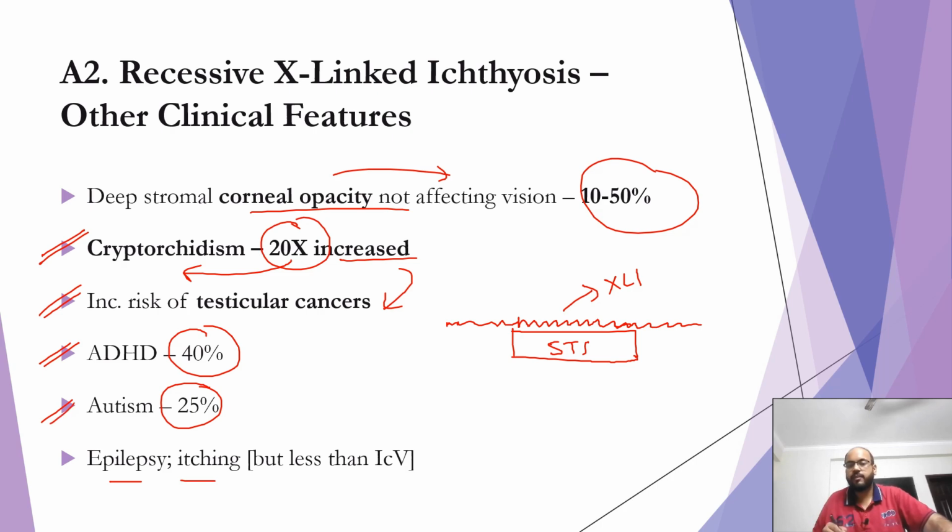You have eye involvement, because I've told you that retinitis pigmentosa is also associated with this mutation or an area adjacent to STS. So you have eye involvement like corneal opacity in 10 to 50% of the cases. So all these genes that encode for specific proteins are located together, and if the mutation extends to the other areas, you have syndromic involvement of other organ systems. But if it is restricted to the STS gene, you have XLI. Okay, let's move forward.